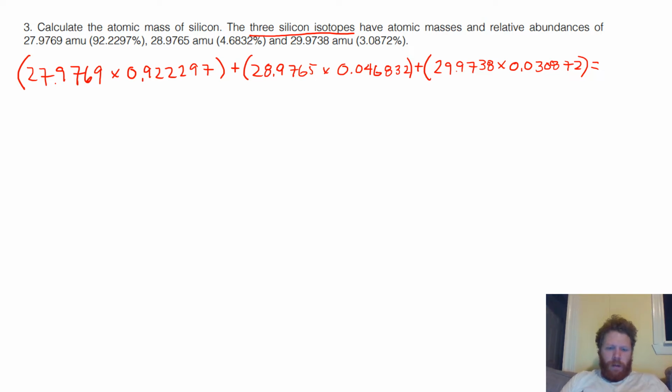What we get is: 27.9769 times 0.92297, plus 28.9765 times 0.046832, close parentheses, plus 29.9738 times 0.030872, close parentheses.